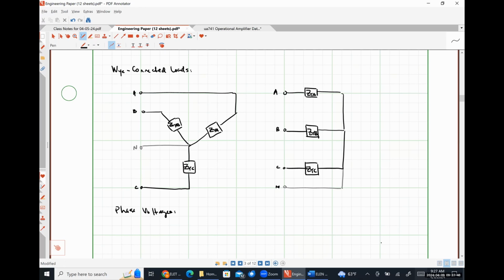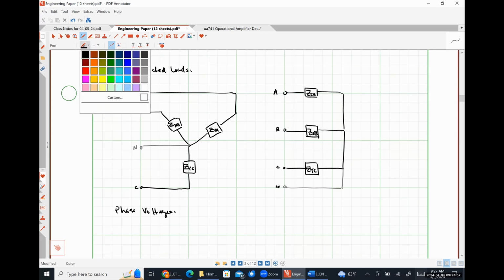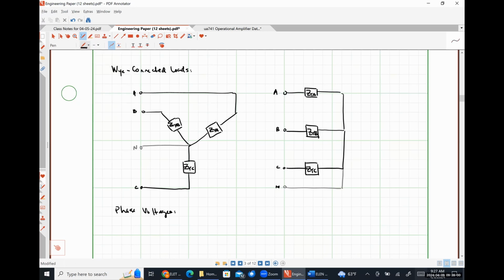Once again, our definition for phase voltages has not changed. So we're just looking for the voltage drop across one phase of our load. So that's going to be this voltage, the capital A, capital N for the A phase, the BN for the B phase, and VCN for the C phase.